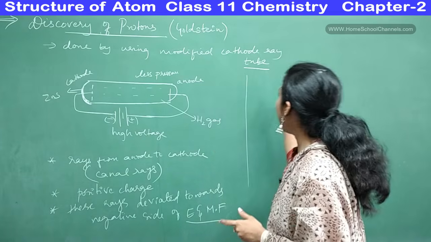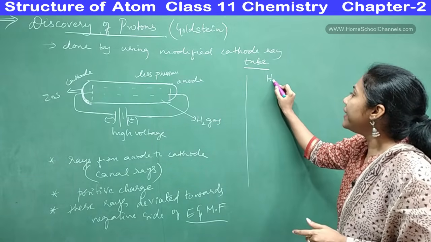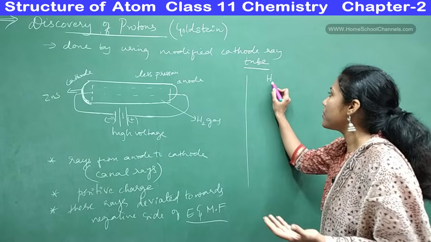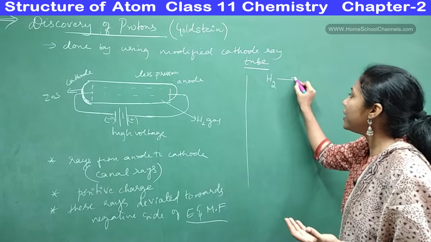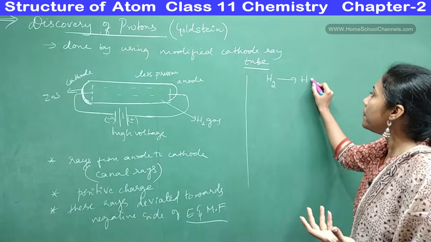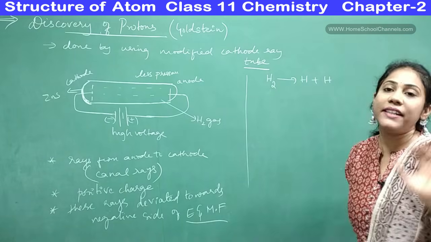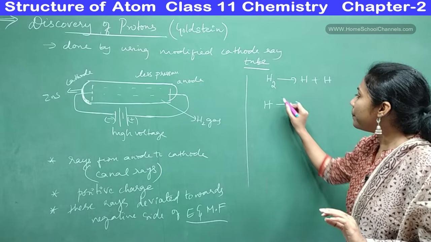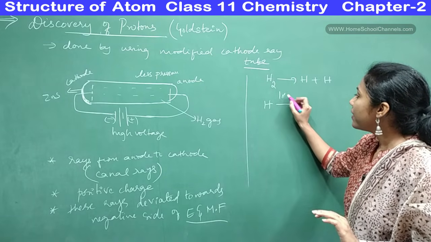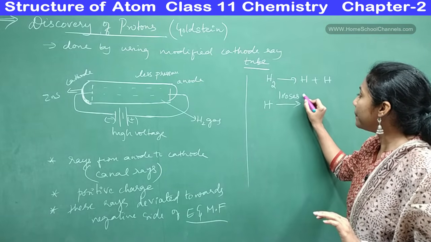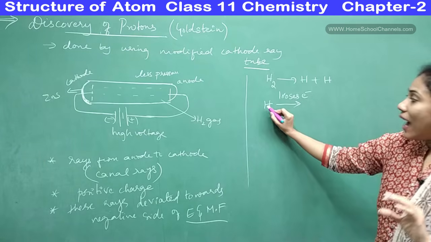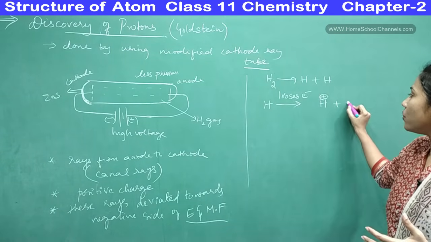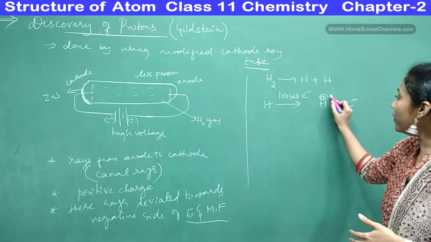So what actually happened was, this hydrogen gas had lots of hydrogen atoms, and at high voltage the hydrogen gas first breaks up into individual hydrogen atoms, and now each hydrogen atom loses an electron. After it loses the electron, it will become H plus, right? So the electron gets separated and it becomes H plus.